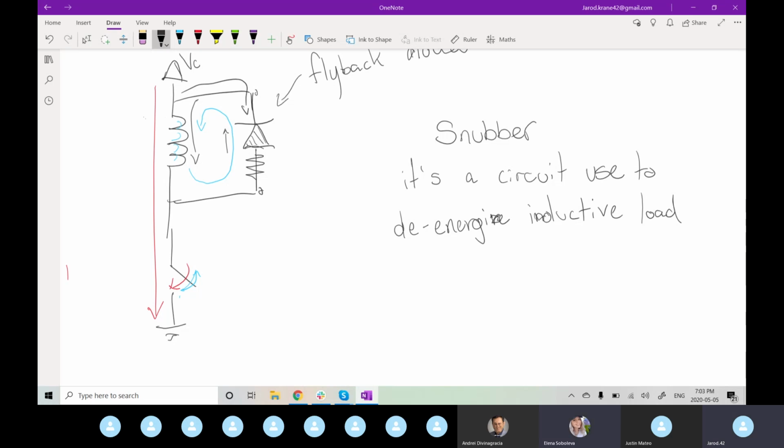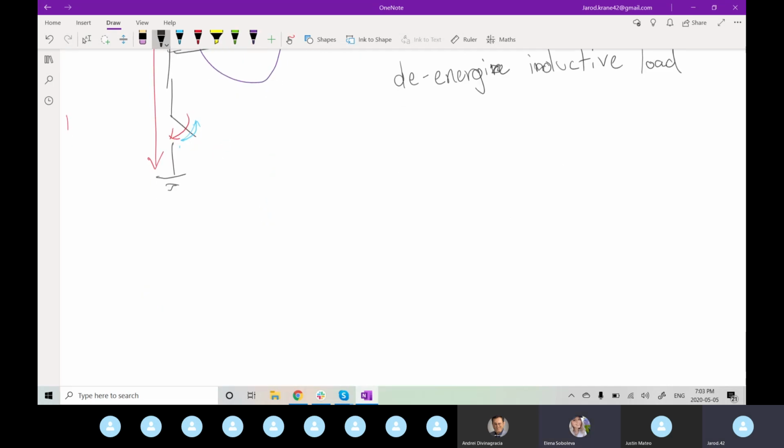Wait, Jared, so the snubber is the part in the diagram, not including the switch part? The switch is kind of just like an application for it? So that part is the snubber. Oh, okay. Yeah, if you weren't to have it any other way, you would just have your electromagnet or whatever it may be, connected to power, going to a switch to ground.